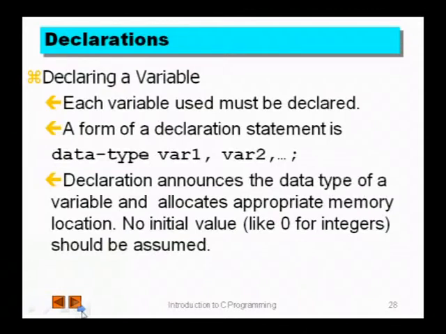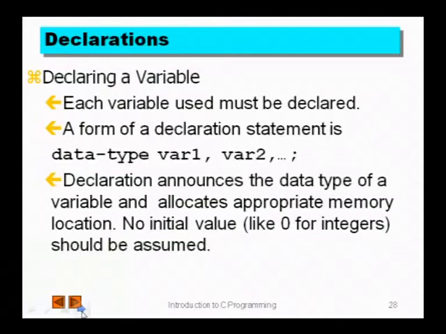Declaration announces the data type of a variable and allocates an appropriate memory location, as we have seen in the data types. If you declare the data type as character, 1 byte of memory is allocated, and if you declare integer, 2 bytes of memory is allocated, and float 4 bytes and double 8 bytes, and so on.